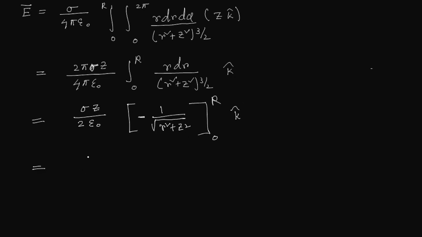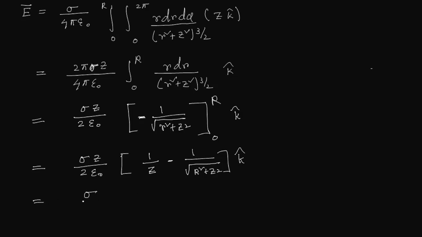So now if we put the limit, then we'll get sigma z divided by 2 epsilon naught. Since there is a negative sign, either you can change the limit or simply put the upper limit first, then it will be negative, and then minus of the lower limit, so it will give you a positive value. So when you put r equals 0, it will give you 1 by z minus 1 by under root of capital R square plus z square, k cap.